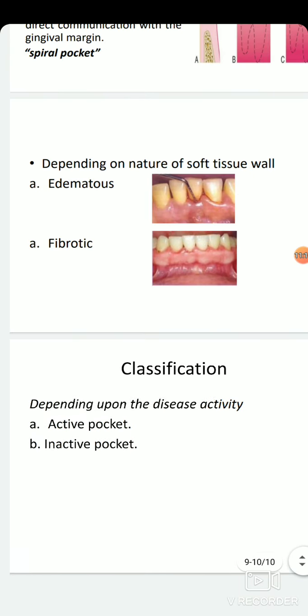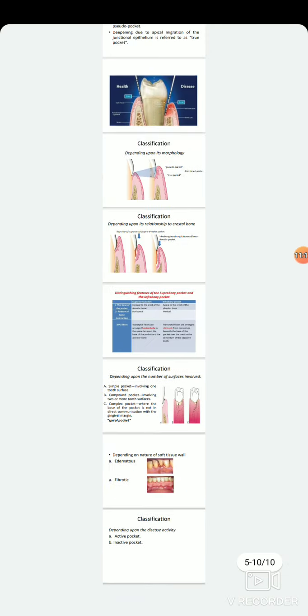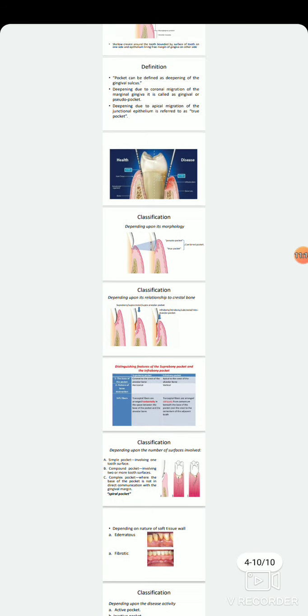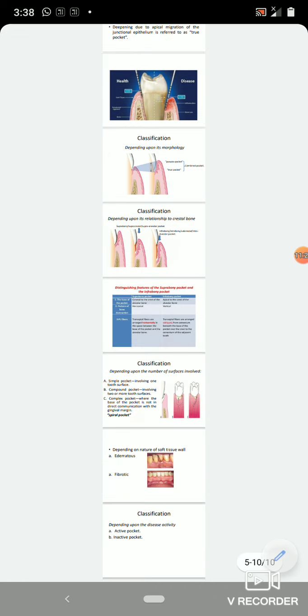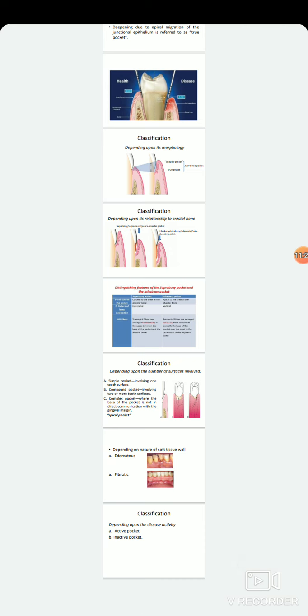So to recap, a pocket is nothing but a deepening of the gingival sulcus, and there are various types of pockets: pseudo pocket, true pocket, and combined pockets. True pockets are again classified into suprabony and infrabony pockets.